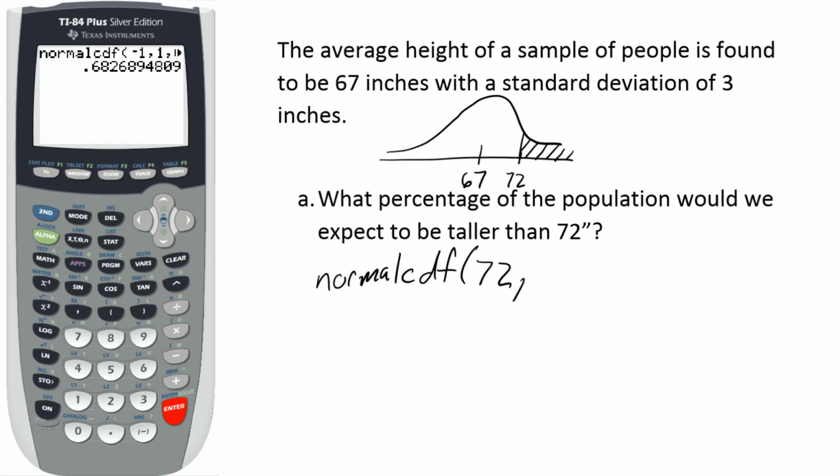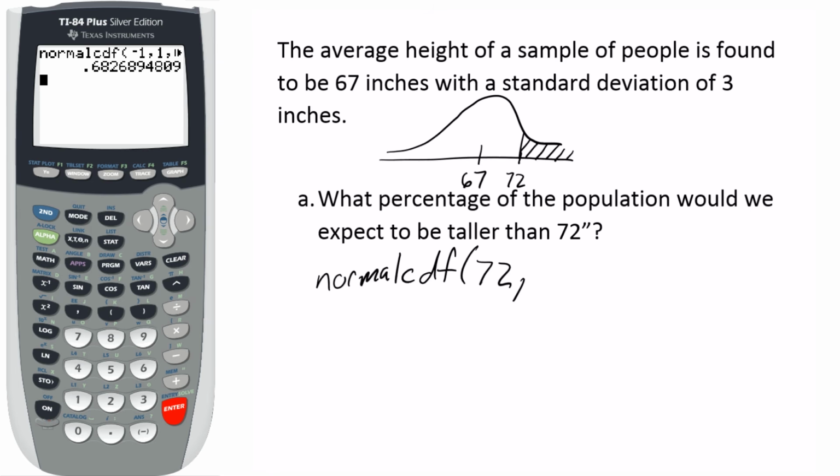But the upper number, we'll notice we don't actually have one. We're actually just going all the way to infinity. Now, of course, it's impossible for someone to be infinity inches tall, but since the normal distribution does go from negative infinity to positive infinity, we will want to put infinity here, or in our case, something fairly close to infinity, so that we can find our answer.